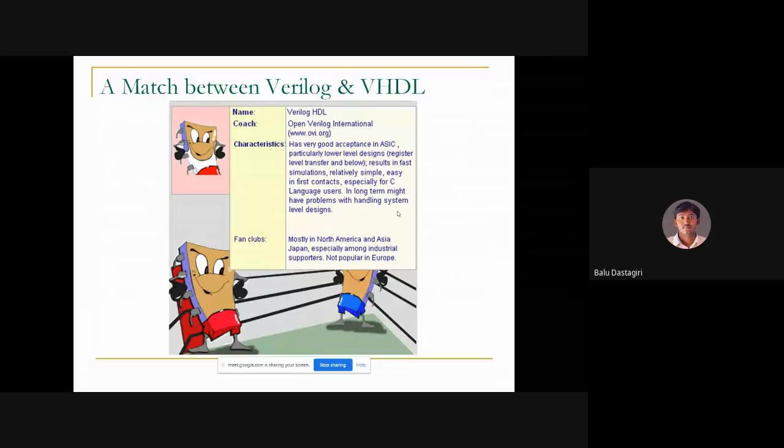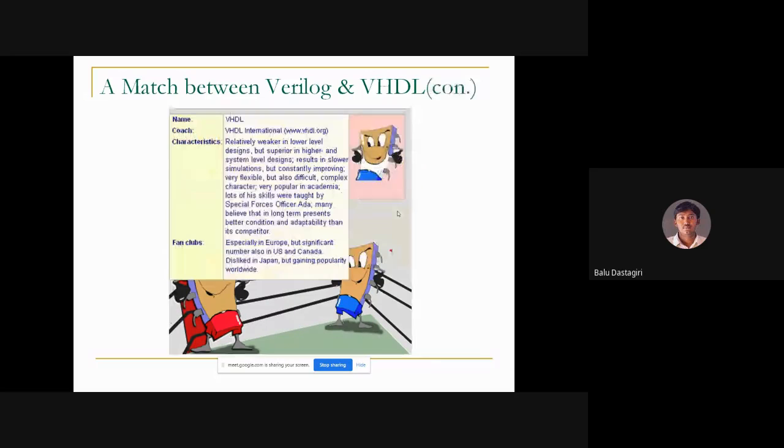So this is about the Verilog HDL. If you take VHDL, it is maintained by VHDL International, and its website is www.vhdl.org. An important characteristic of VHDL is that for lower level designs, VHDL is very weak. But if you are designing high level and security level designs, VHDL is very superior to Verilog HDL.